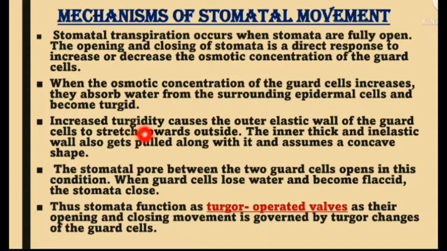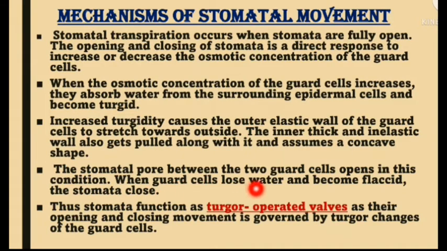Increased turgidity causes the outer elastic wall of the guard cells to stretch towards the outside. The inner thick and inelastic wall also gets pulled along with it and assumes a concave shape. The stomatal pore between the two guard cells opens in this condition.